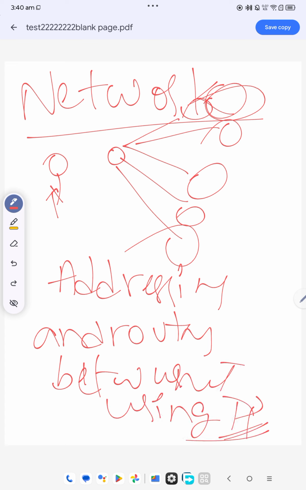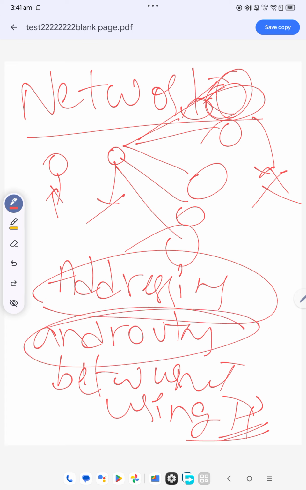This is the local network, and he is searching for something in another network, so it uses addressing and routing using IP. So it uses a router. What does the data link layer use? A switch. What does the network layer use? A router.